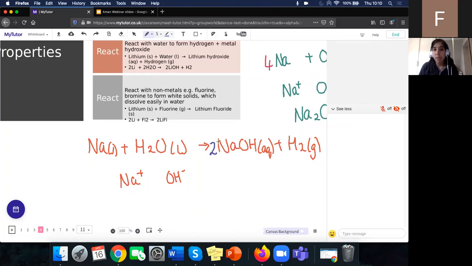If we double that, we get 2 sodiums, and now we have 2 oxygens, 2 hydrogens plus 2 hydrogens here, so 4 hydrogens altogether, and we have 2 oxygens. So if we put a 2 here, we get our 4 hydrogens, we get our 2 oxygens that we need, and then we just need to balance the sodiums with a 2. And so now everything is balanced: 2 sodiums, 2 sodiums, 4 hydrogens, 2 hydrogens here plus 2 here, 4, 2 oxygens plus 2 oxygens. So that's the balanced equation of sodium reacting with water.